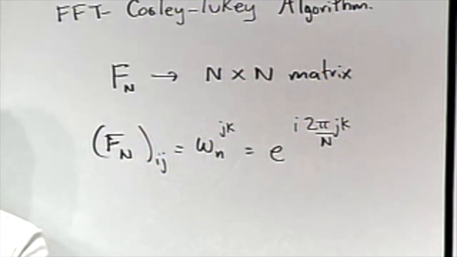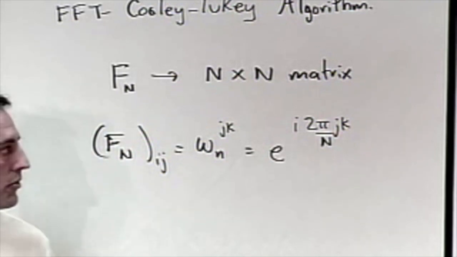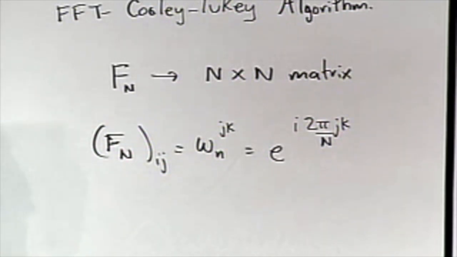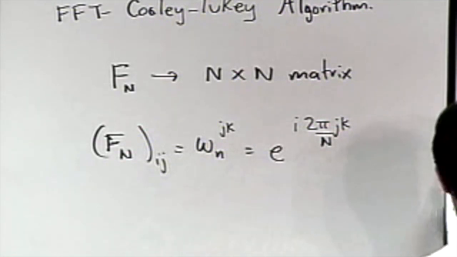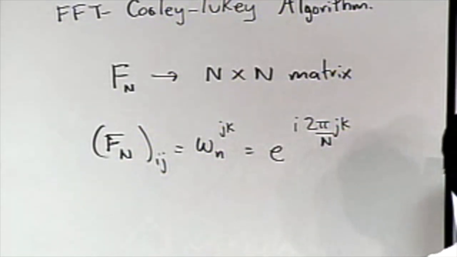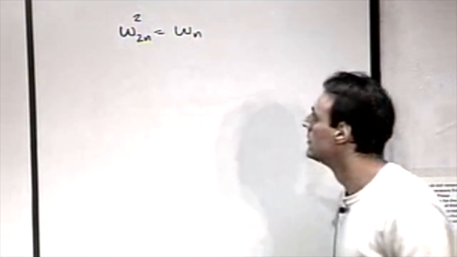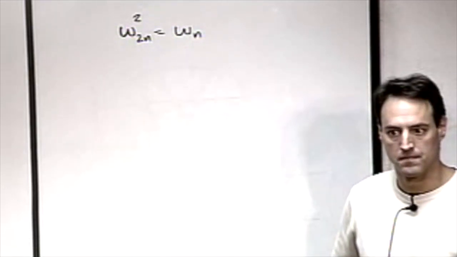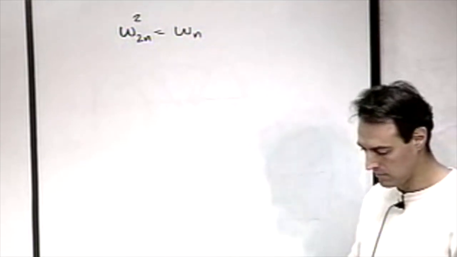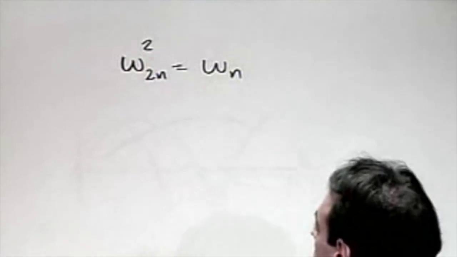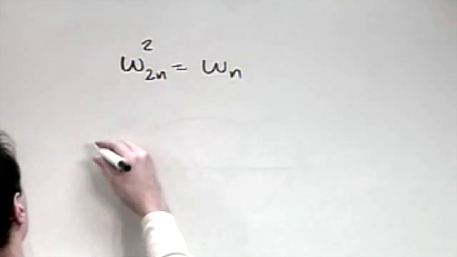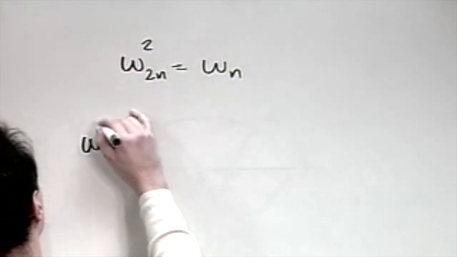Now, here's the key observation that's going to make everything work for us in what follows. It's actually a very simple observation to make. What is omega to the 2n squared?